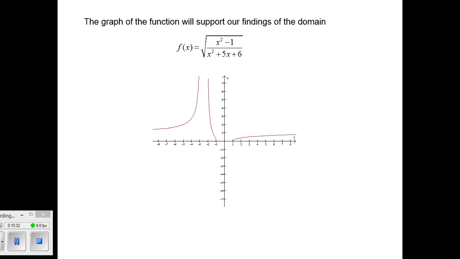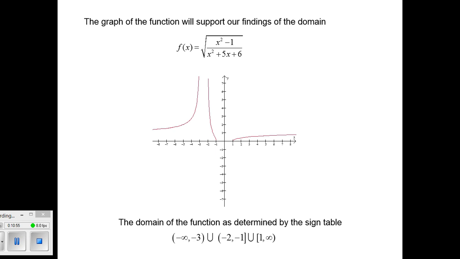At least what we're trying to analyze now is the domain, and it is exactly what we said. It's coming in from negative infinity. There are gaps between -3 and -2, and gaps between -1 and 1, as the sign table indicated there would be. Then that's the domain of that function.